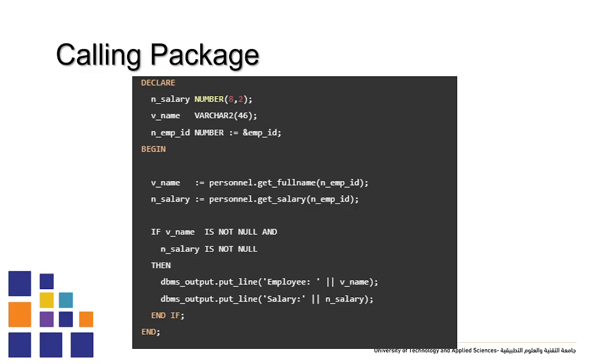A typical PL/SQL block is going to be there by defining all our parameters or variables along with their data types and their sizes, right? Perhaps we have a bind n_emp_id, which is bound to &emp_id.